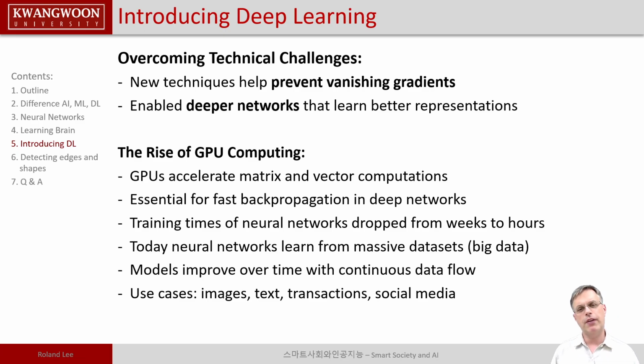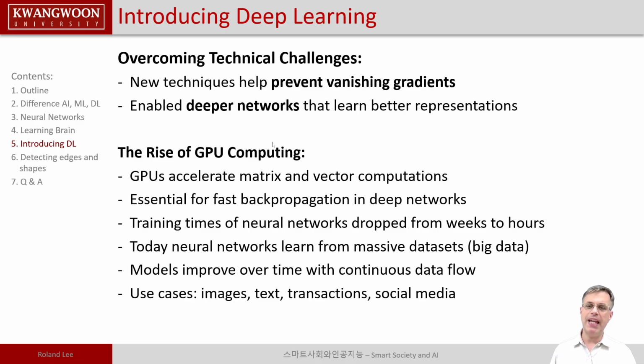Neural networks can learn from huge amounts of data and take advantage of big data such as images, text, transactions, and social media data, creating models that continuously perform better depending on the flow of data you feed them.